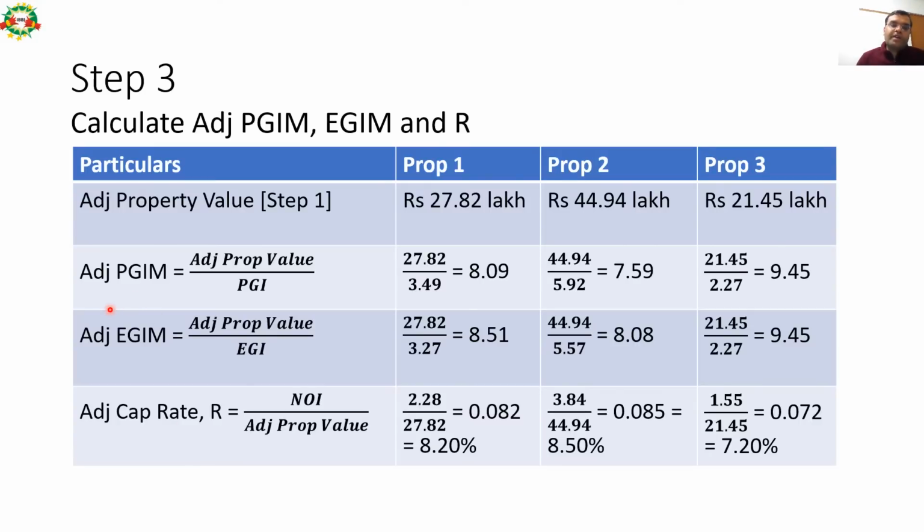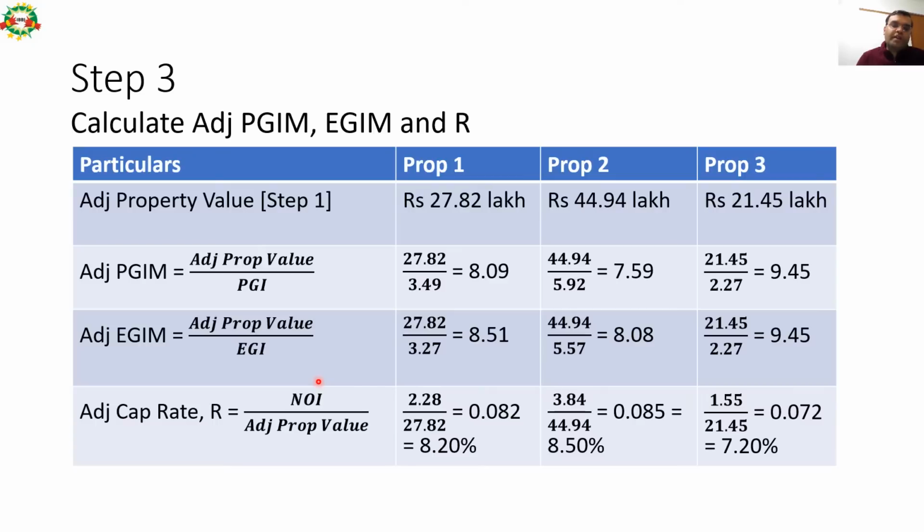Then next we calculate adjusted PGIM, which is equal to adjusted property value divided by PGI, potential gross income, which is 27.82 divided by 3.49. All these figures have been calculated in previous slides. It gives us a factor called adjusted PGIM: 8.09 for property number 1, 7.59 for property number 2 and 9.45 for property number 3.